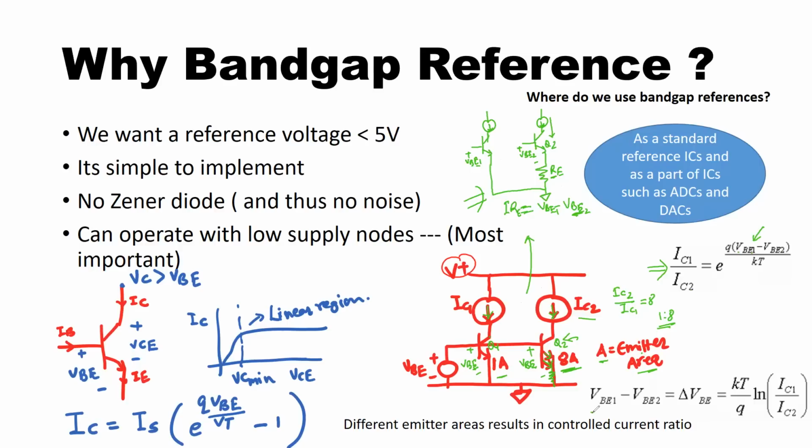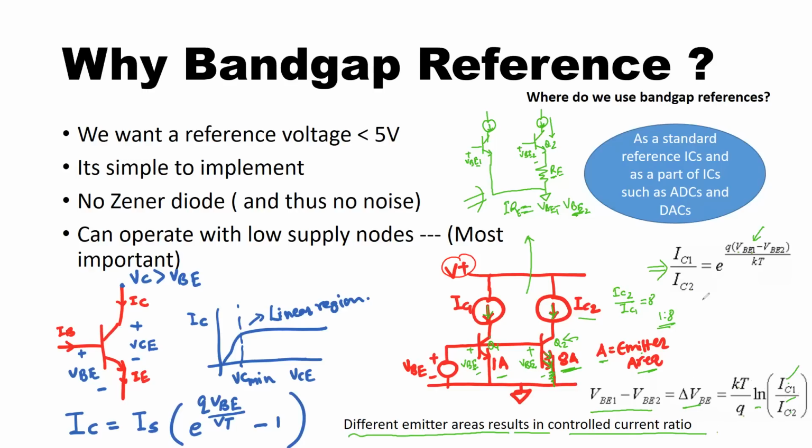Okay, and that generated voltage difference, which is delta VBE, is theoretically given as kT over q, natural logarithm of the ratio of the two collector currents of the transistors, IC1 and IC2. Okay, so here we see that different emitter areas result in the controlled current ratio.